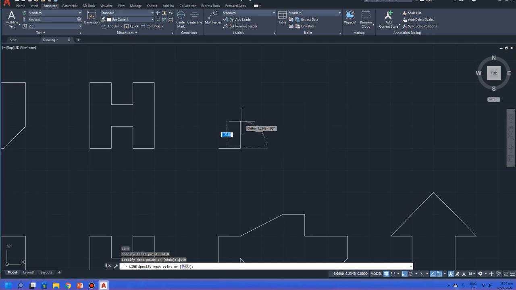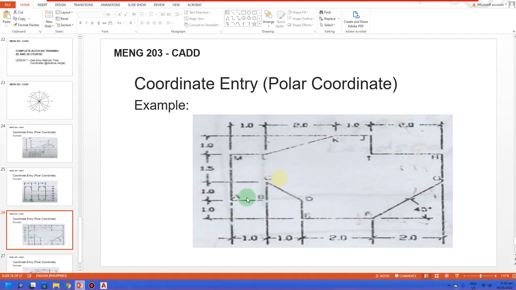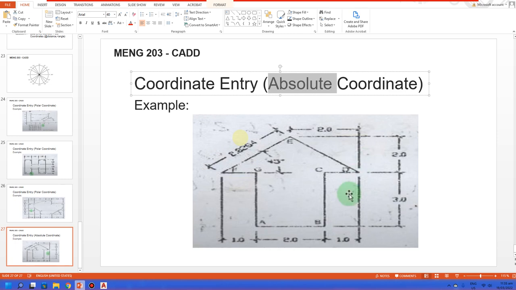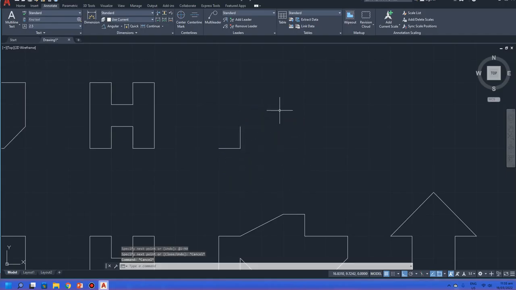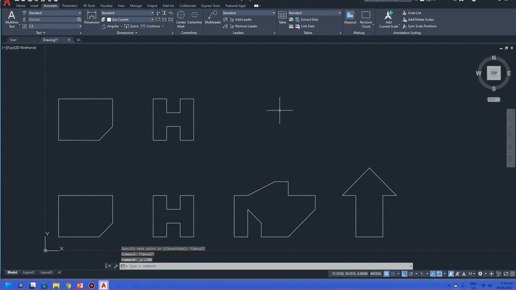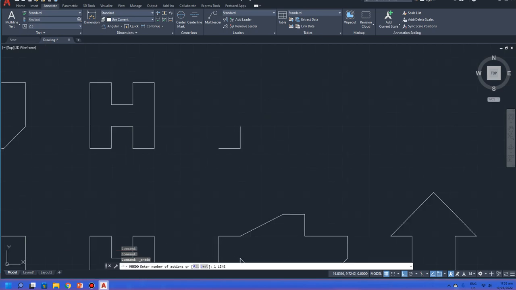Okay, distance is 1, angle is 90. Okay, let's do this again.